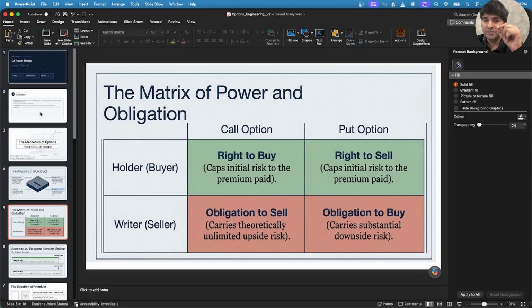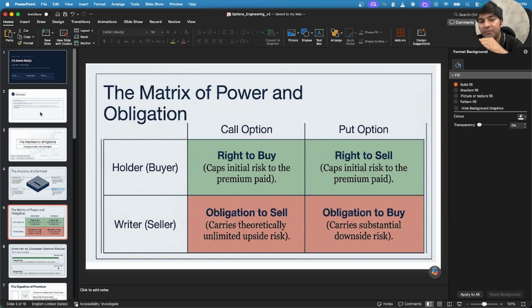For example, the Nifty price goes above 23,700 by the time of expiration. Then the seller would be carrying unlimited upside risk, because the 50 INR premium could increase to maybe 100 or 150 as the price rises past 23,700.